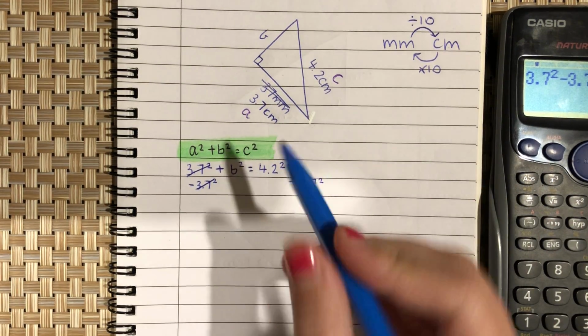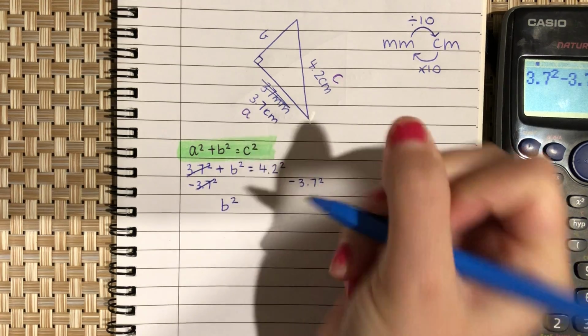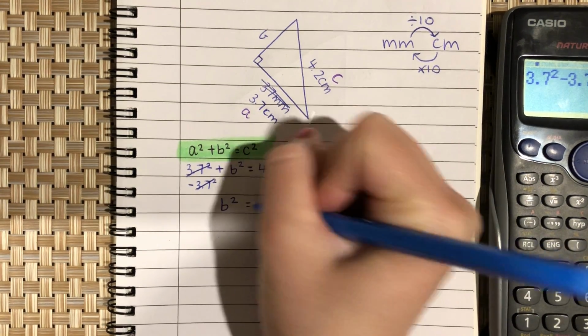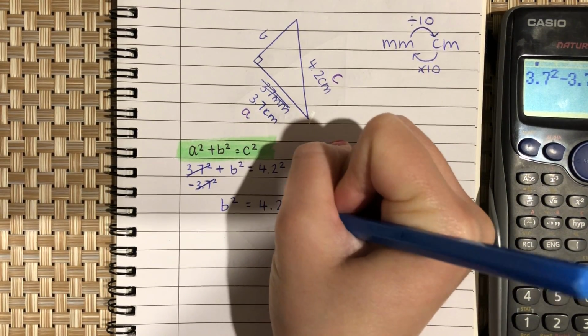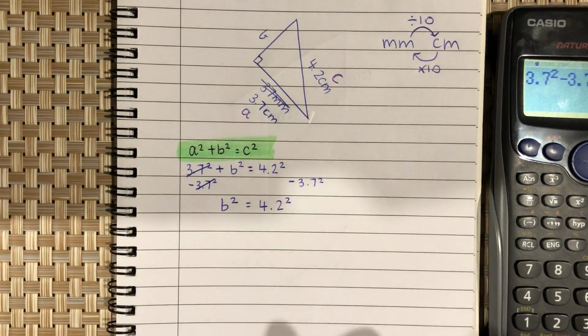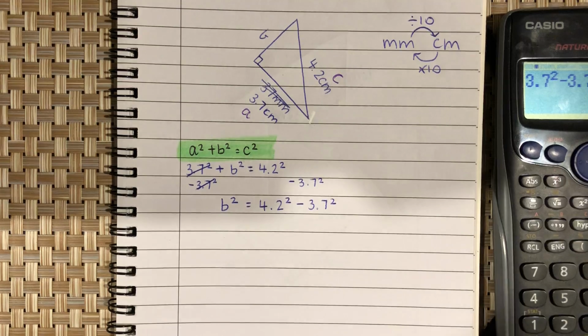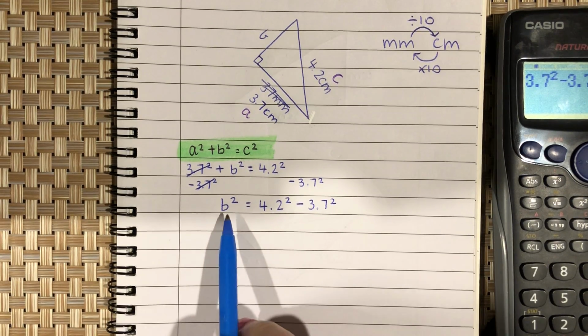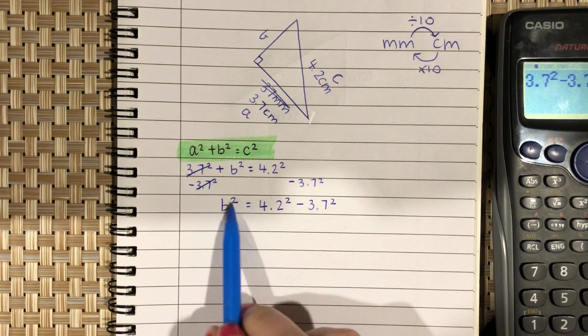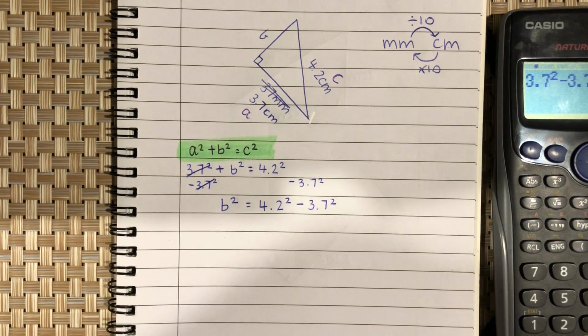And then that leaves us with our B squared equals 4.2 squared minus 3.7 squared. Okay, and then to get rid of a squared, you need to square root.